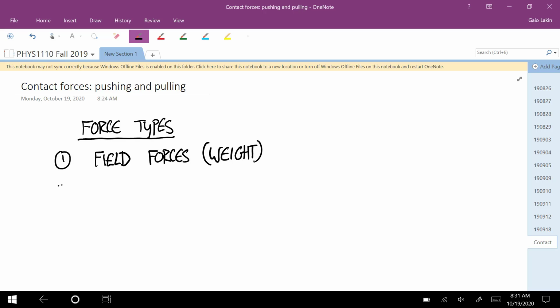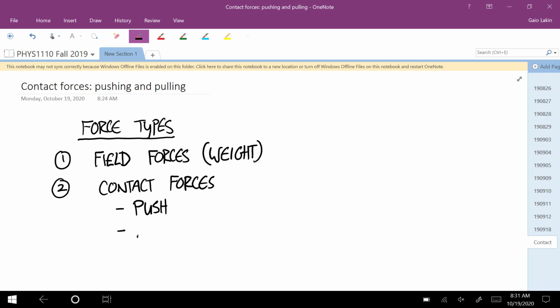Besides that, the only forces that you ever have to deal with are contact forces. And contact forces are broken up into three categories. The first one is pushing contact.